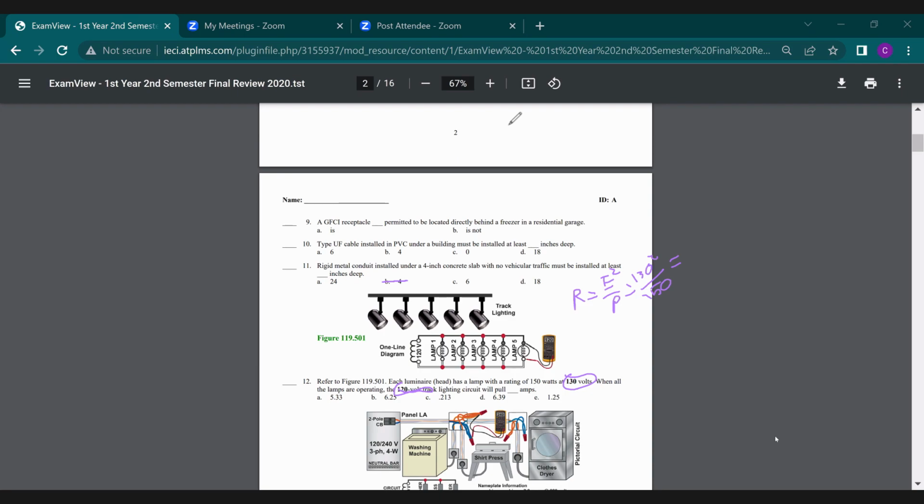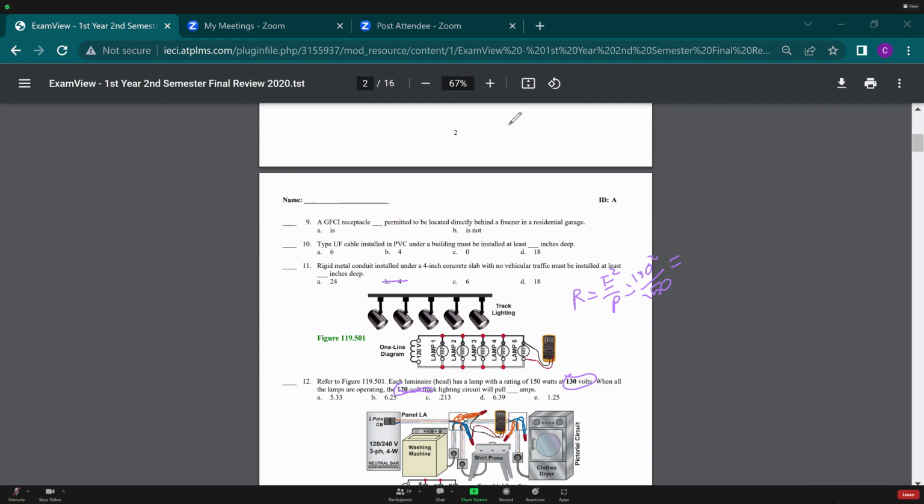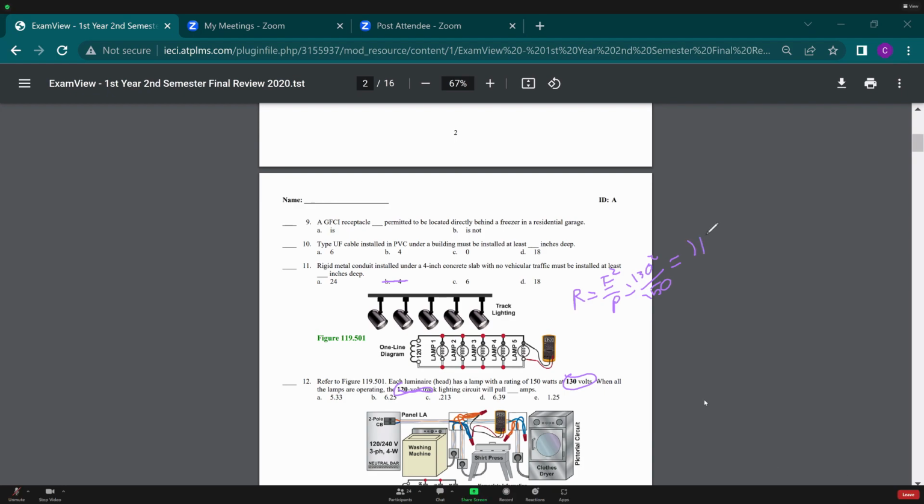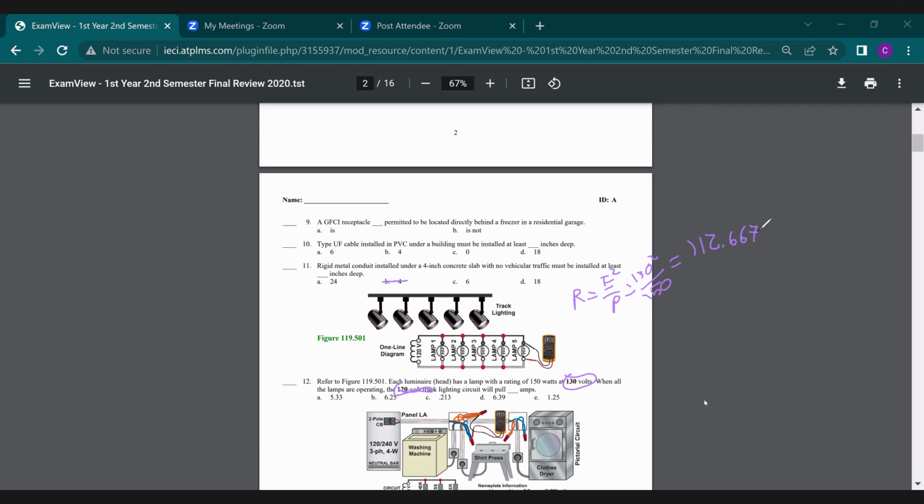I think it's the 112. Let me retype it into my calculator. Yeah, 112.6 repeating. So we'll go 112.667, and this is ohms.